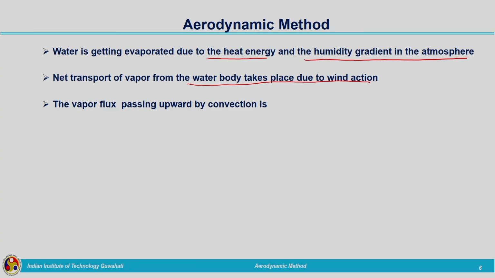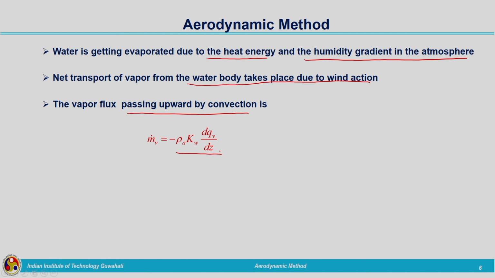Heat energy we have considered in the case of energy balance equation. In the case of aerodynamic equation, we are considering the wind velocity gradient and the humidity gradient. So, the vapor flux passing upward by convection can be written as mv dot is equal to minus rho a kw dqv by dz.